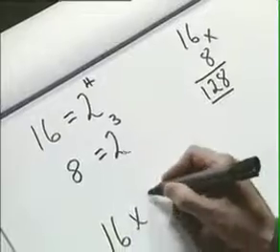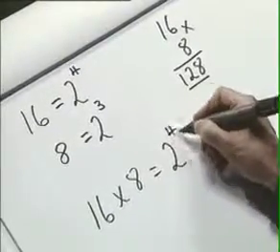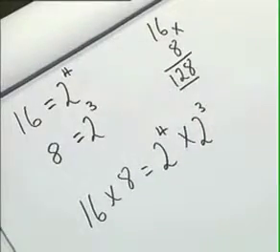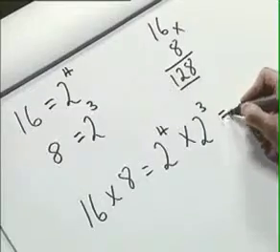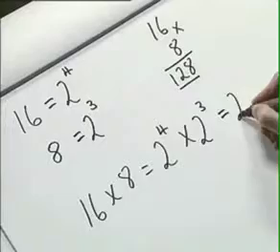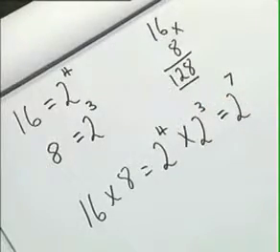16 times by 8 is 2 to the power 4 times by 2 to the power 3. And from laws of indices, we know that when we do this kind of calculation, what we do is we simply add the indices together.